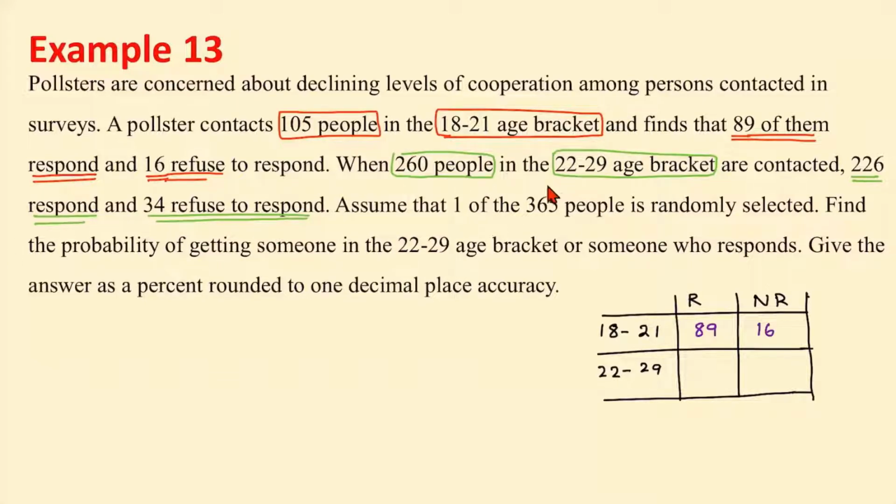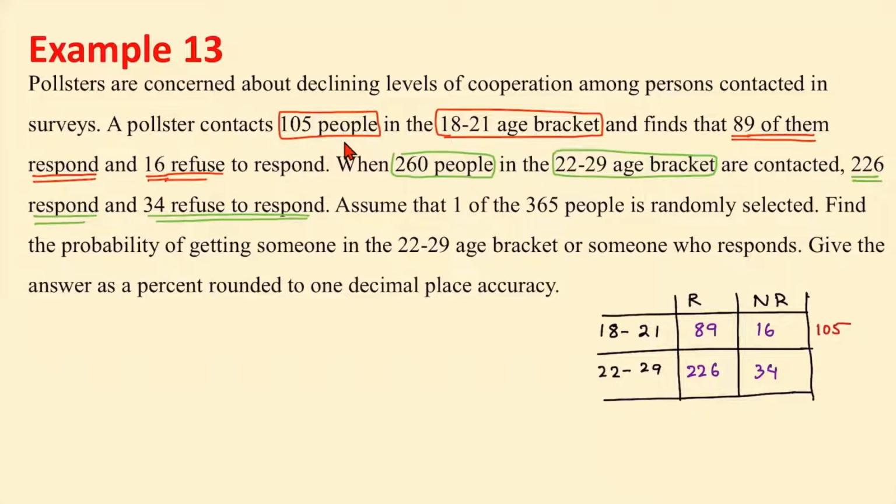In the second group, 226 responded and 34 refused. If we add these two, it will be 105 people in the first group.